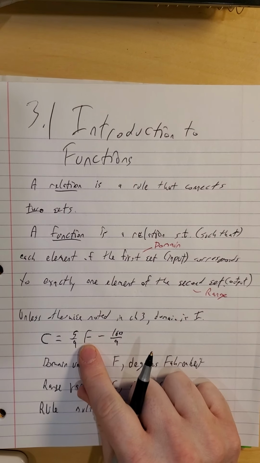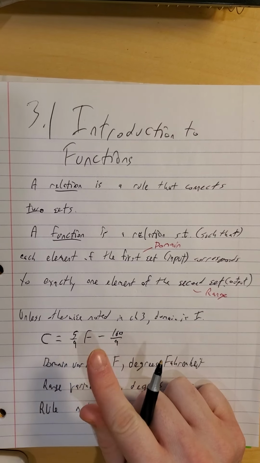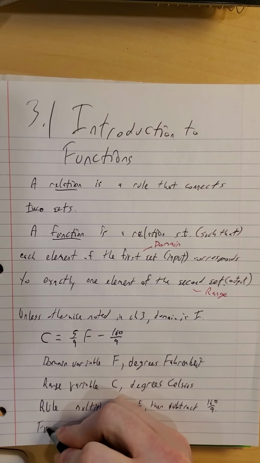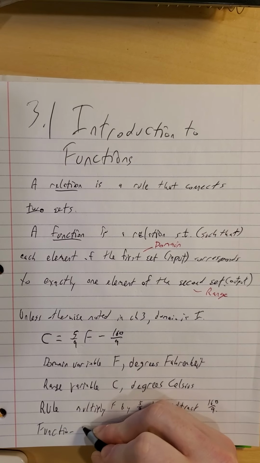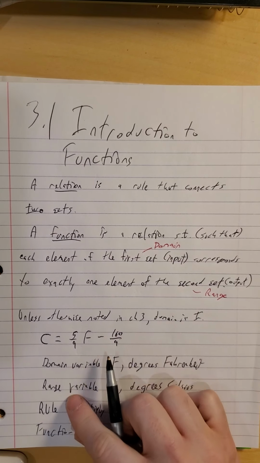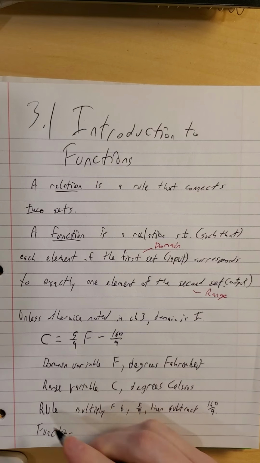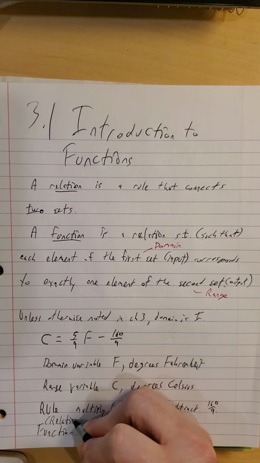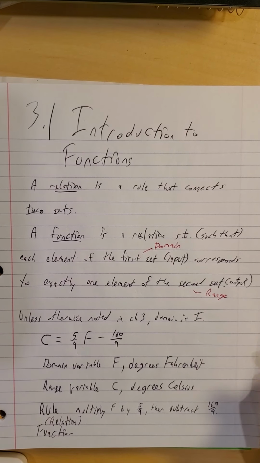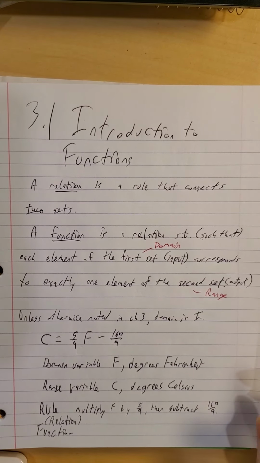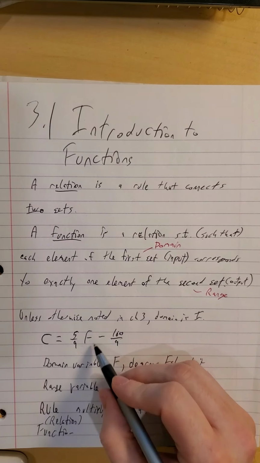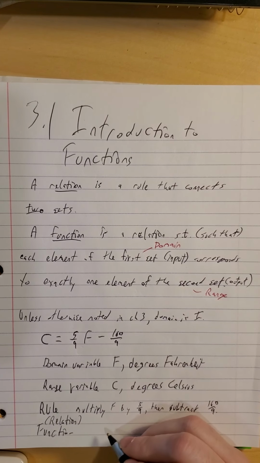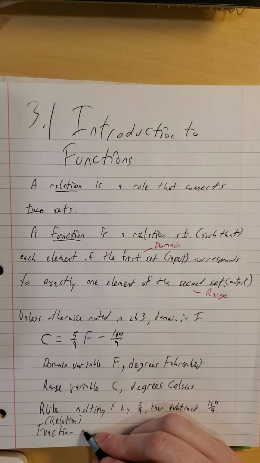Every time I enter one temperature in degrees Fahrenheit, it will correspond to exactly one temperature in degrees Celsius. The fact that we have a domain variable and a range variable automatically means it is a relation. So the relation was almost automatic. We had a couple of sets and some type of relationship between them. This is a function. Every single temperature in Fahrenheit has exactly one corresponding Celsius temperature.